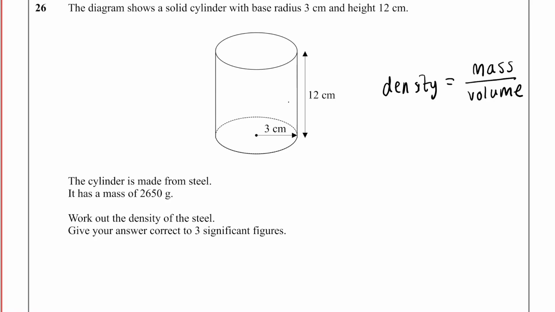The volume of a cylinder is the area of the base times the height. The area of the circle is pi times the radius squared.